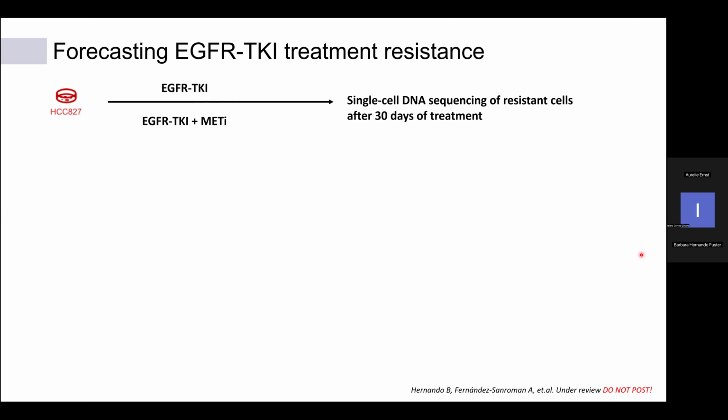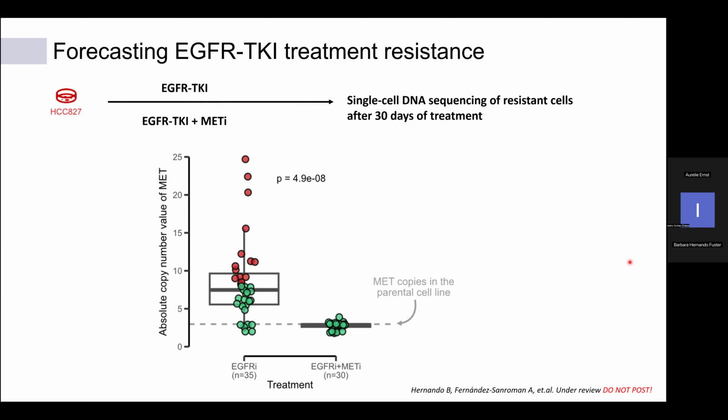So after these 30 days of treatment, we perform single-cell sequencing of the resistant cells, of the cells that were in the plate. And what we observe is that for those cells that we treated with both EGFR inhibitor and MET inhibitor, we could avoid the amplification of MET as a resistance mechanism.